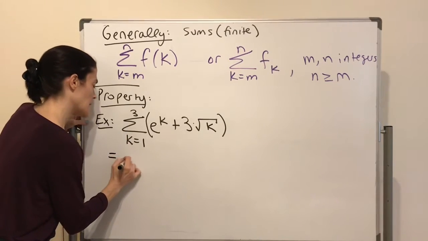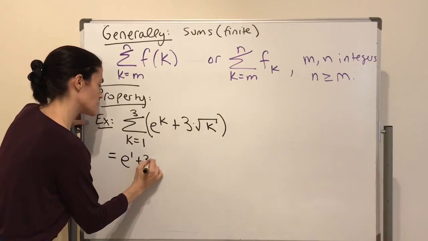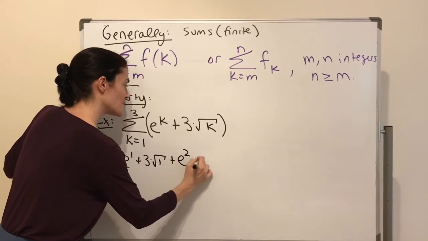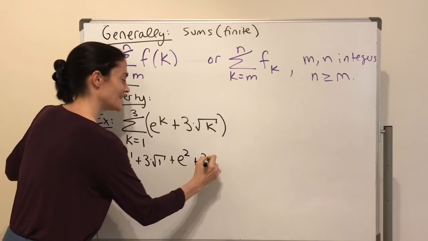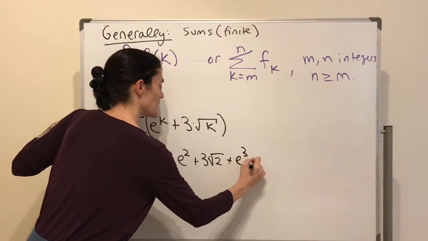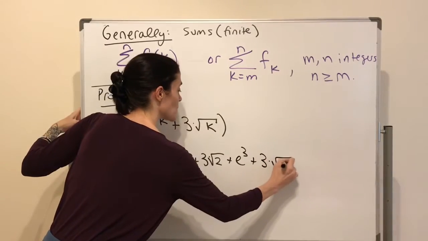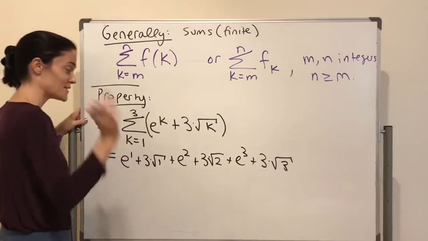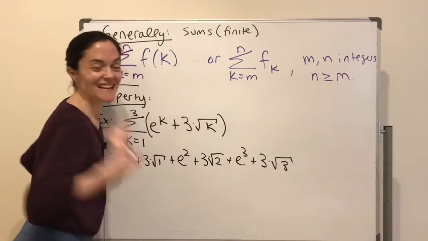This would be e to the 1 plus 3 times square root 1 plus e squared plus 3 square root 2 plus e cubed plus 3 times square root 3, right? We have 1, 2, 3 terms, 1, 2, 3 terms.